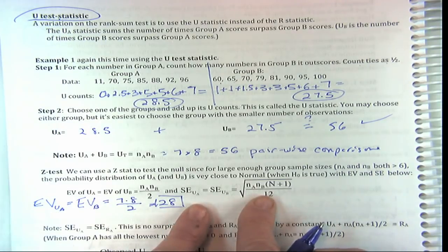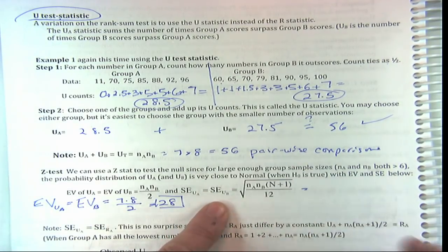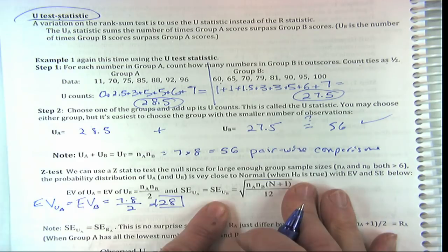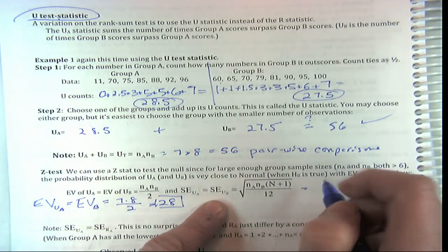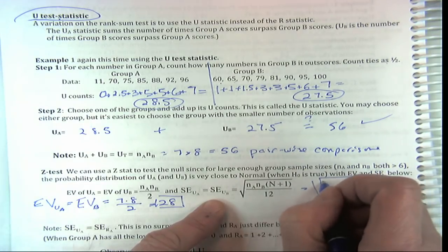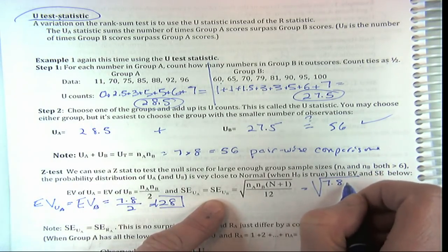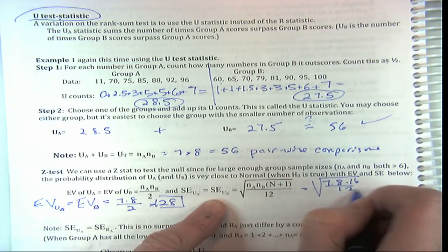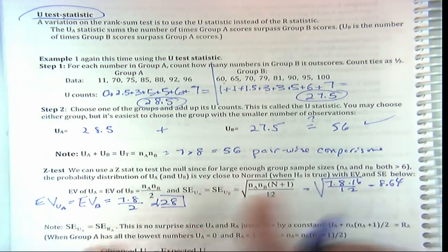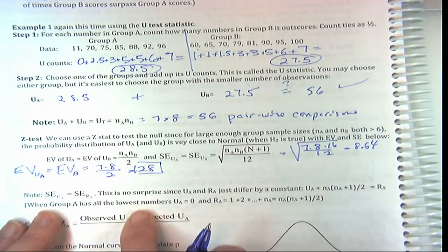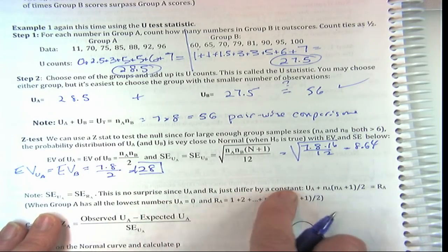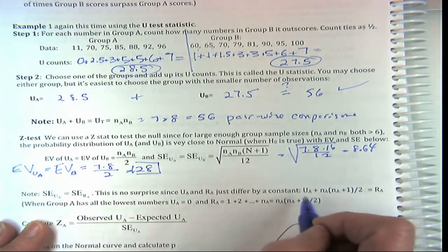And the standard error is exactly the same as before because we're going to get exactly the same thing. 7 times 8, it's the same formula, times 16 over 12, which is 8.64. And why is it the same? Well, it's not a surprise because they really just differ by this constant here.